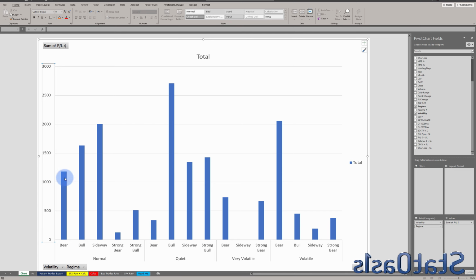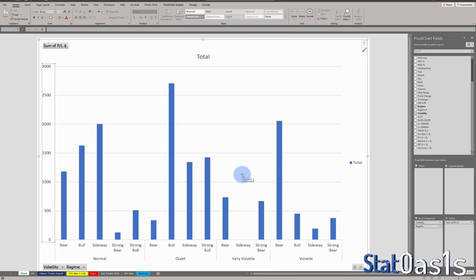So I can clearly see 1, 2, 3, 4, 5, 6, 7 markets are clearly making a lot more money than the rest. 7 regimes out of the 20. It makes a lot more sense to trade only these regimes than the rest, even though these guys make money. But over the last 15 years, my data shows that these make much more sense to trade.